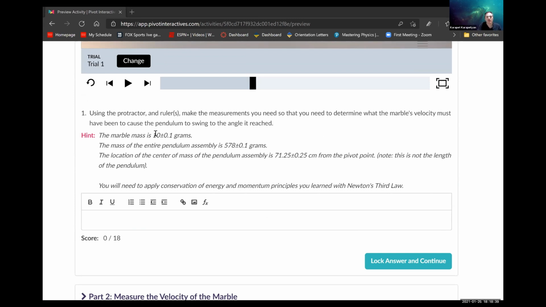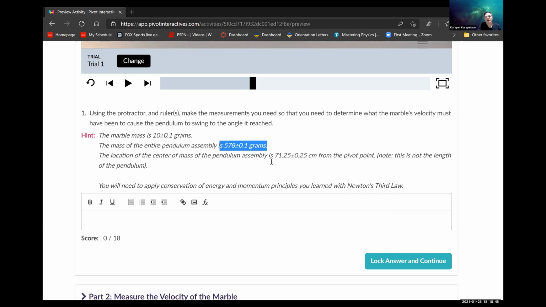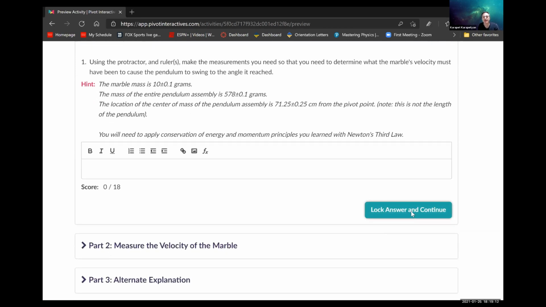I give you the mass of the marble, the mass of the pendulum, and the length of the pendulum from the upper pivot point. So you have everything you need to calculate the initial velocity of the bullet or the marble. Once you upload your picture and everything, you're going to like your answer and continue.